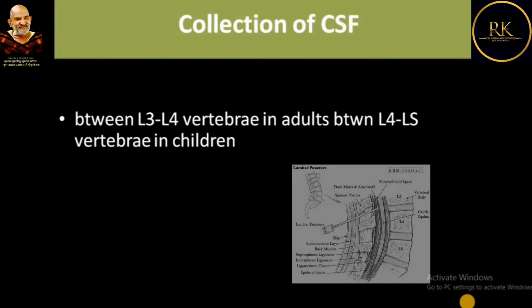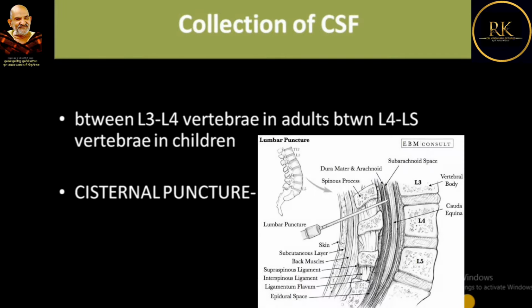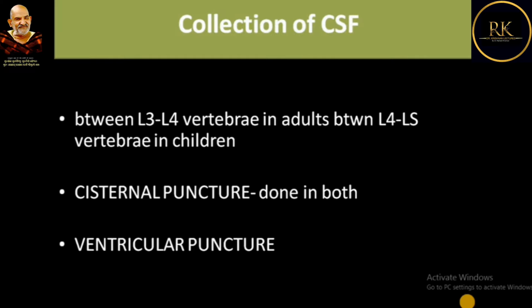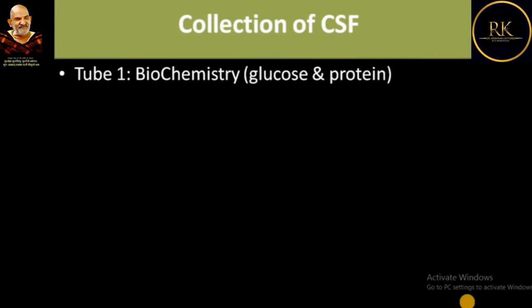It can also be collected by cisternal puncture as well as by ventricular punctures and shunt drainage. Tube 1 is for biochemistry, that is glucose and proteins.